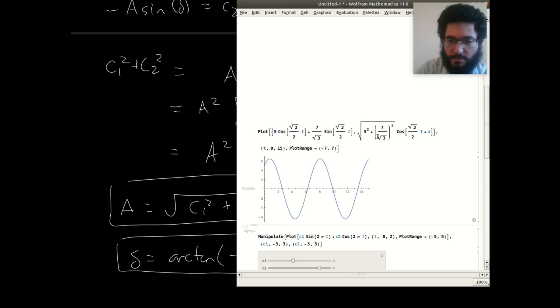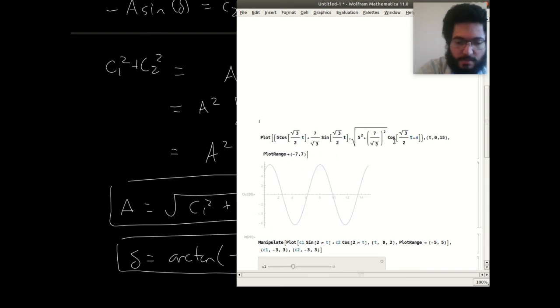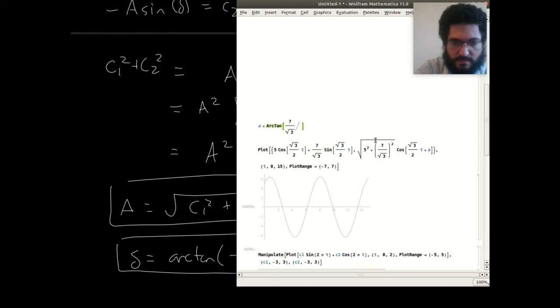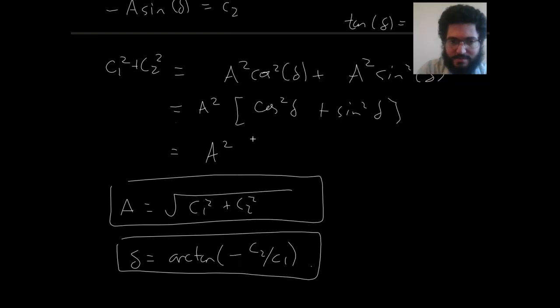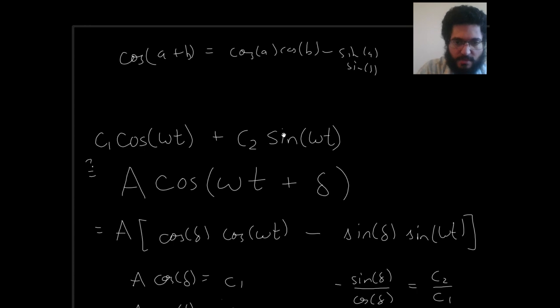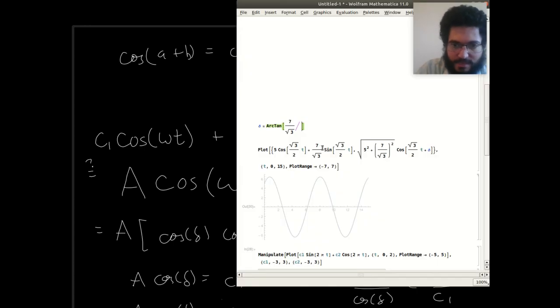And of course it's not going to plot anything because I haven't said what delta is, but let me define delta here. So I think delta should be the arctan of this thing divided. Wait, that one is C2, right? C2 stands for whatever is the coefficient in front of the sine. Yes, this one is C2. And then divided by C1, that's 5. So let me try that.